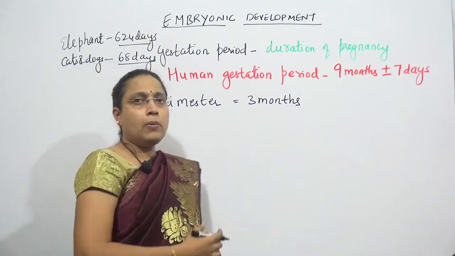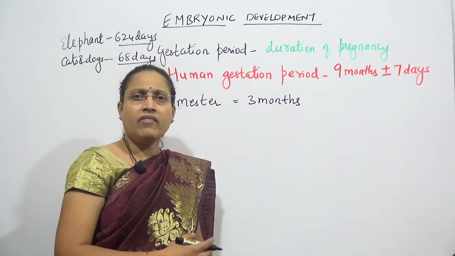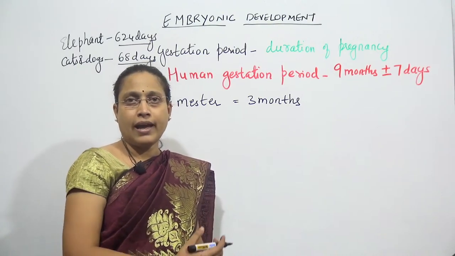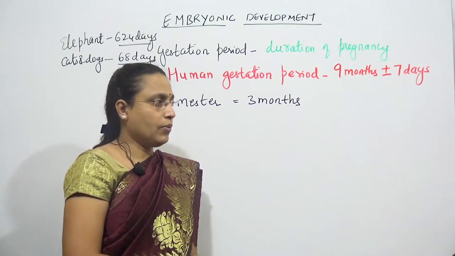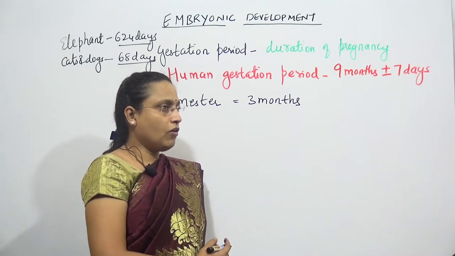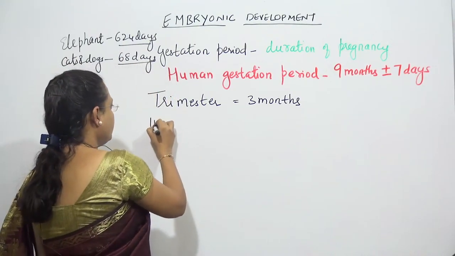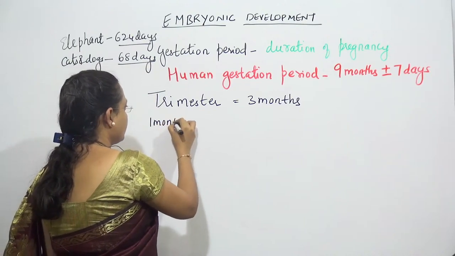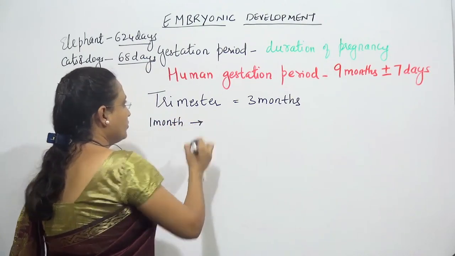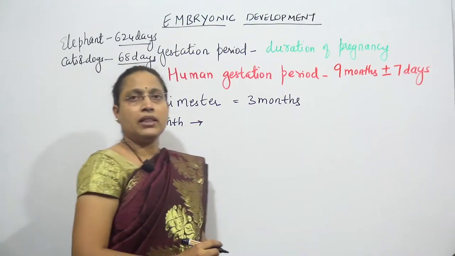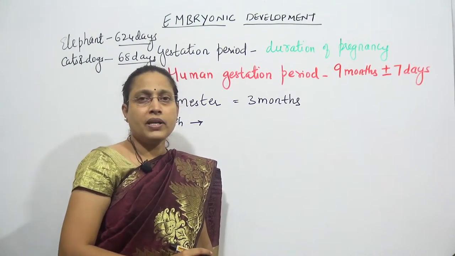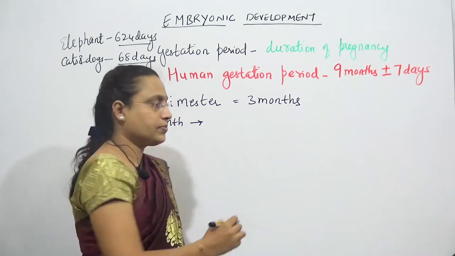So based on month wise, whatever development will be occurring, I am going to explain it now. So first month of gestation period. In the first month, development of heart occurs.